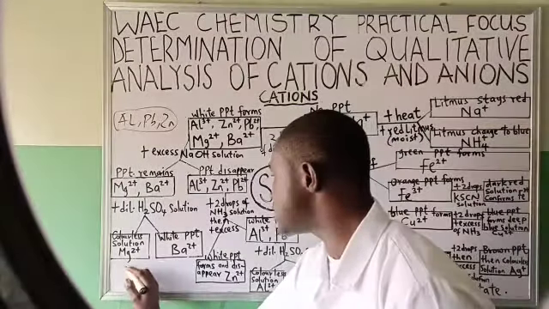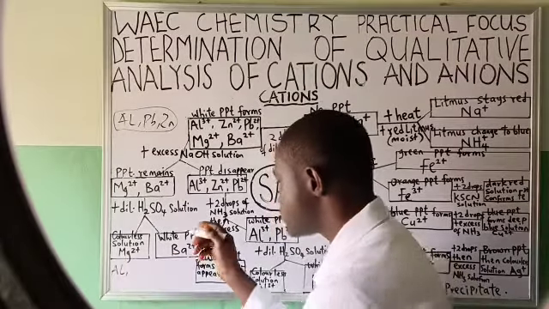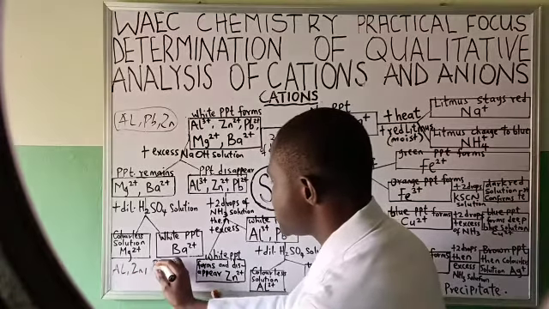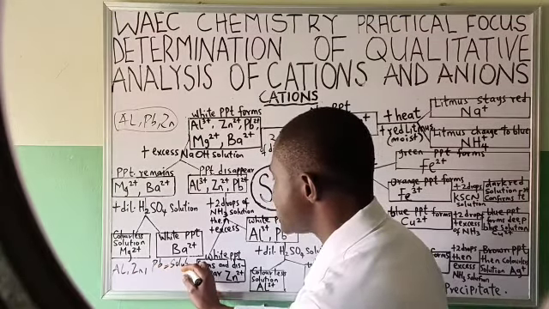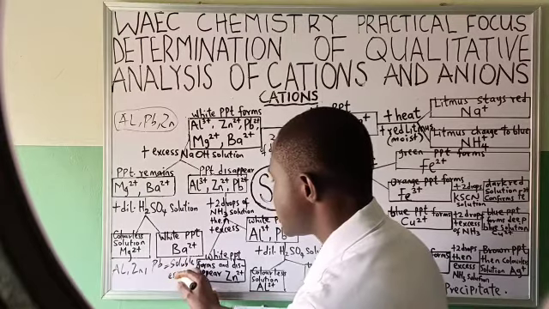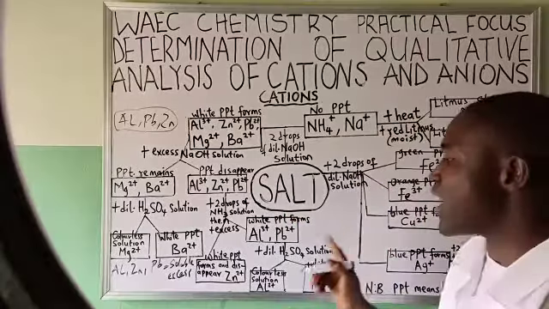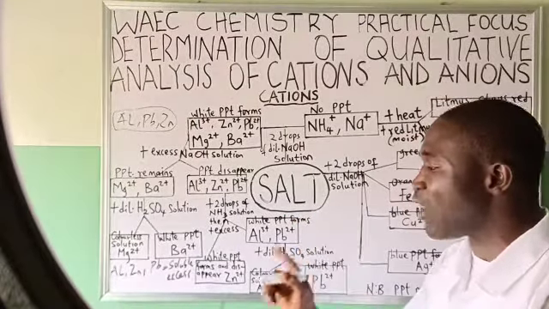So we said aluminium, zinc, lead are soluble in excess sodium hydroxide solution, whereas zinc is soluble in excess ammonia.